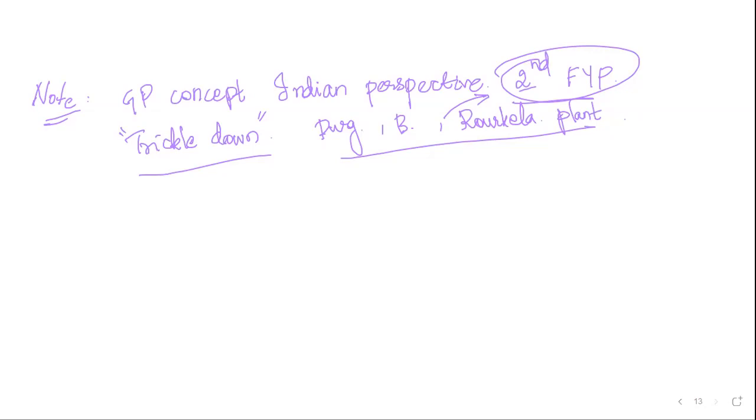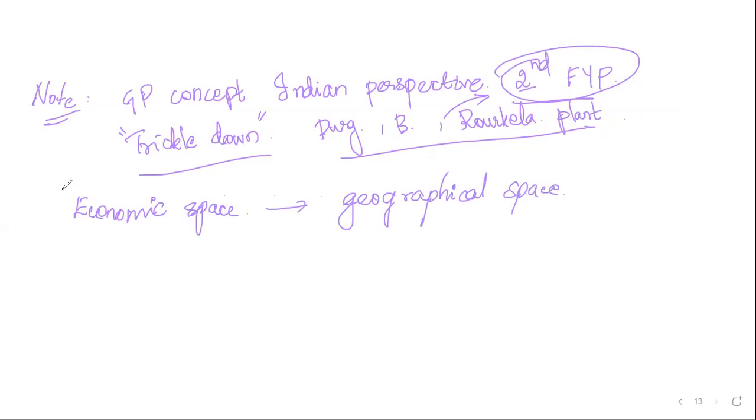The third important point is, too much importance has been given to the concept of economic space rather than geographical space. The concept of economic space has been given too much importance, leaving behind the region, leaving behind the geographical space.